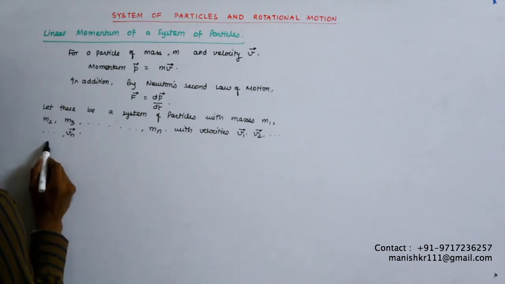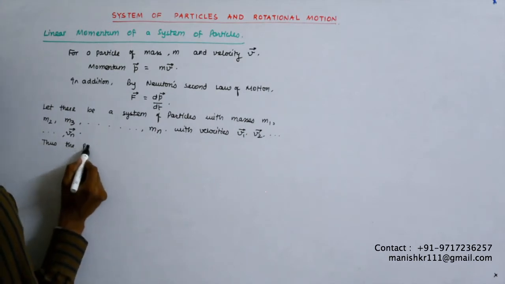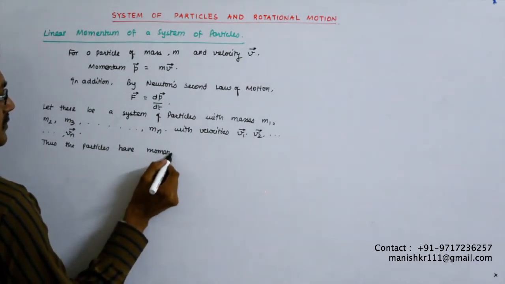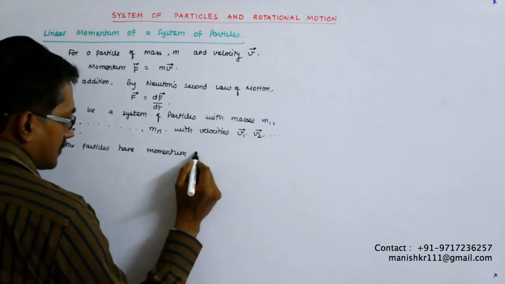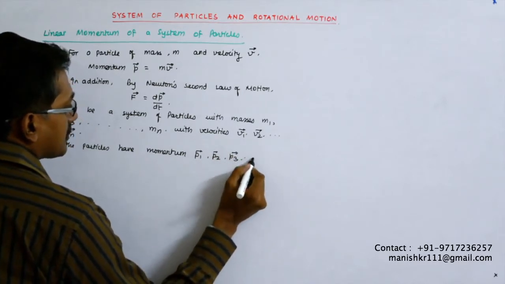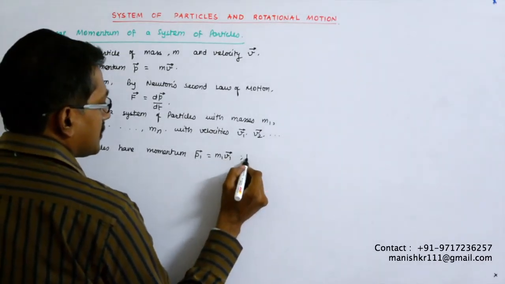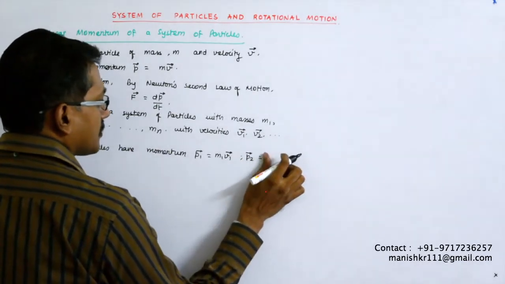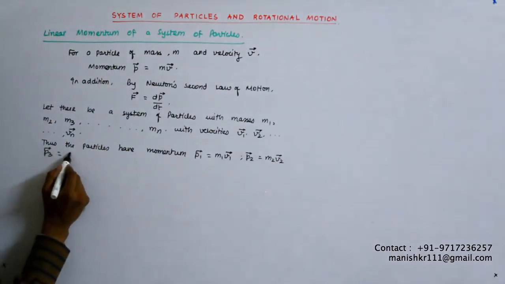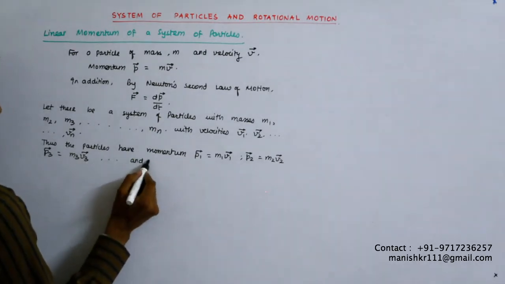So the particles have momentum P1, P2, P3, or I'll say P1 is equal to m1 v1, P2 is equal to m2 v2, P3 is equal to m3 v3, and so on, right?